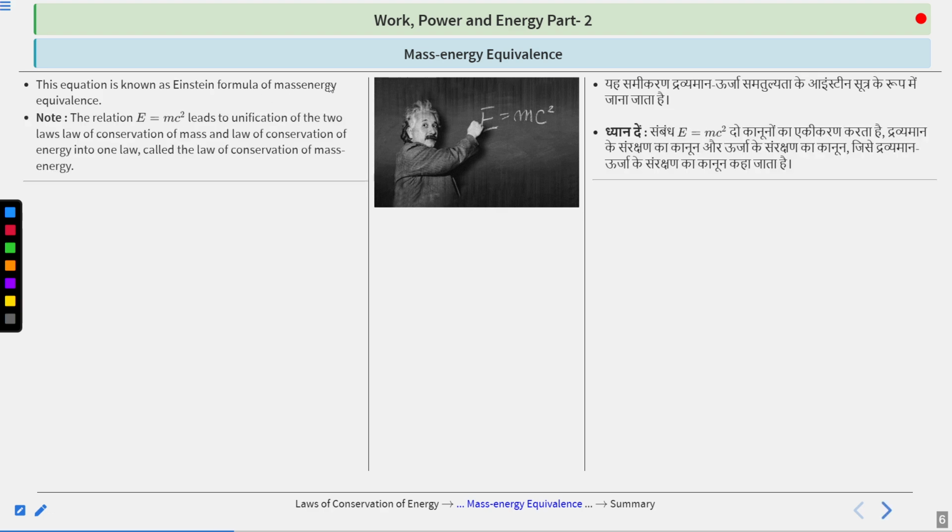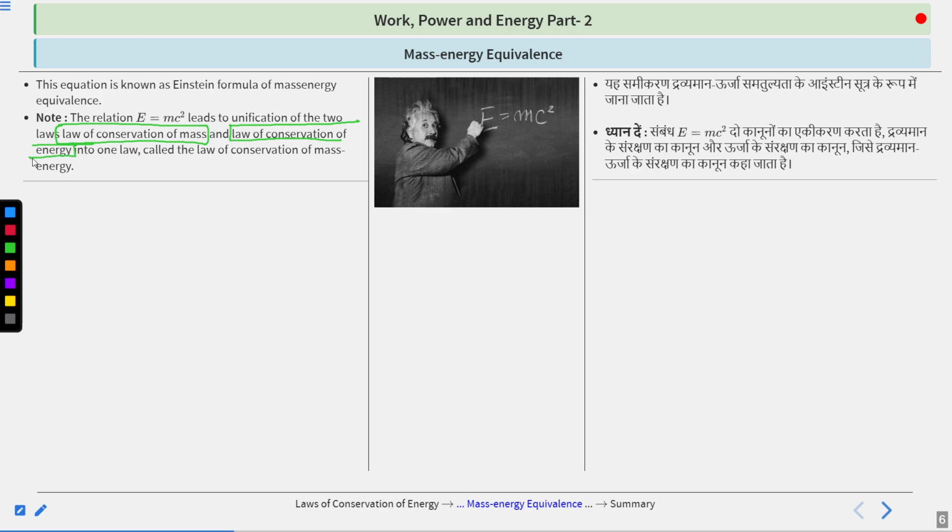Okay. Note the relation E is equal to mc square leads to the unification of two laws. The first law is the law of conservation of mass, and the second is the law of conservation of energy. Got it?